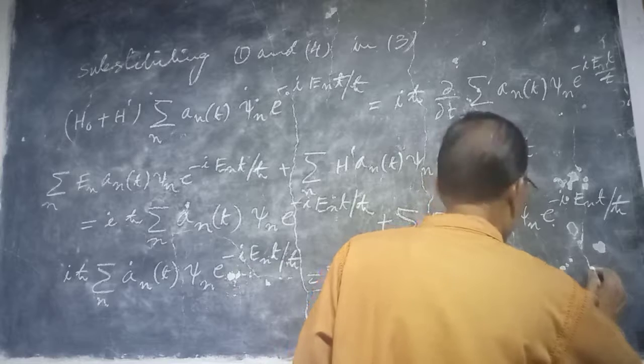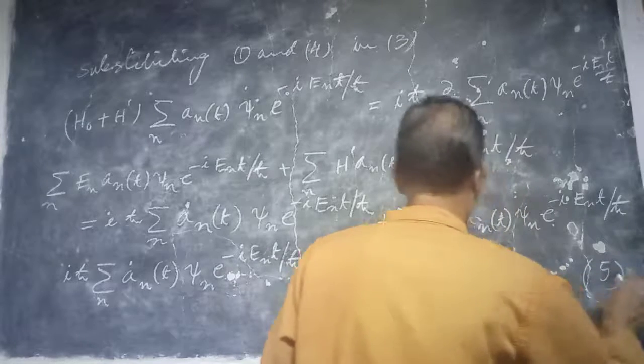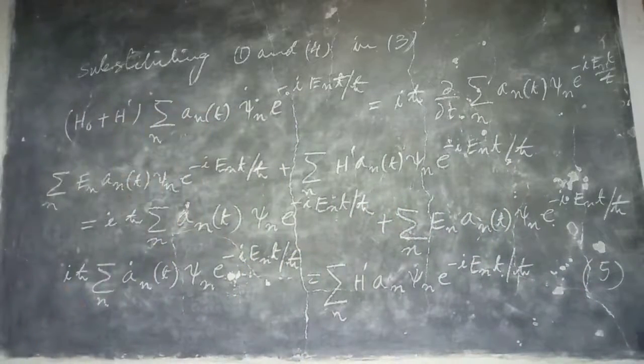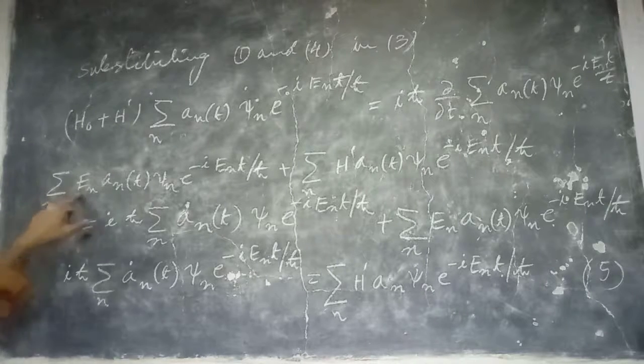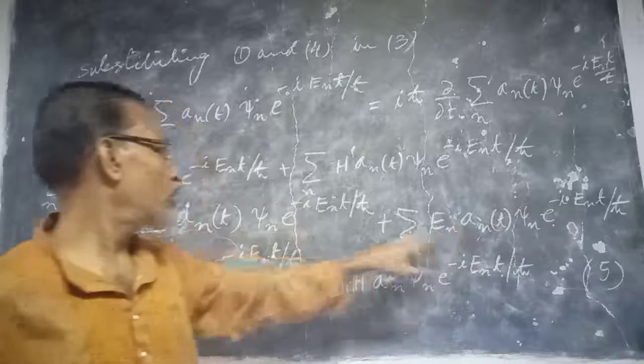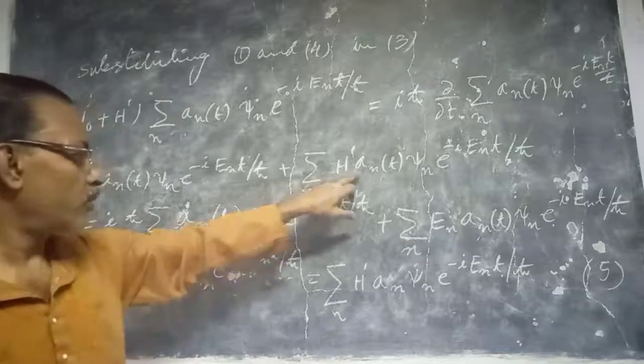This is equation number 5. Because this term and this term are the same, we get only this equal to this one.